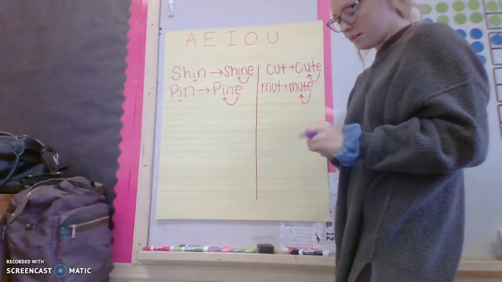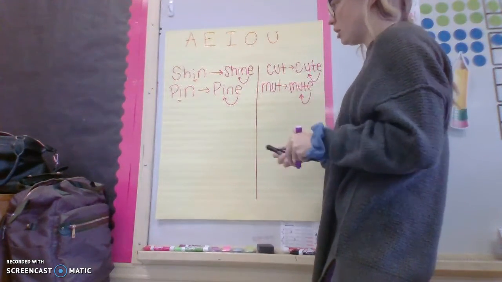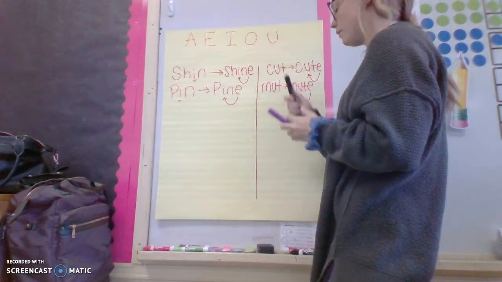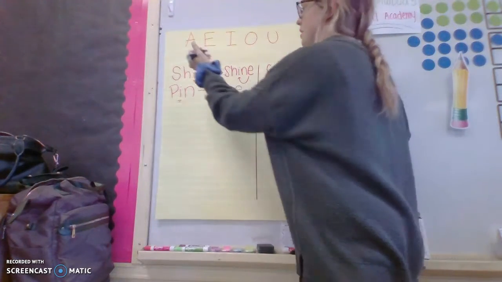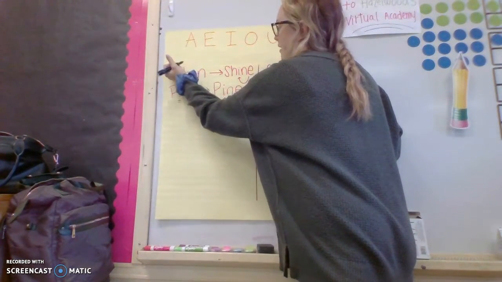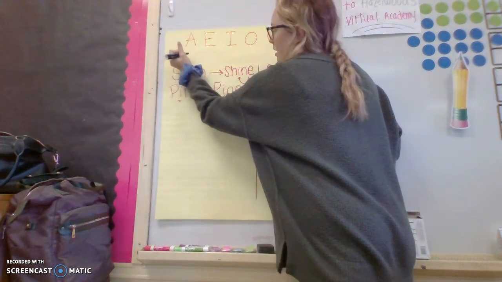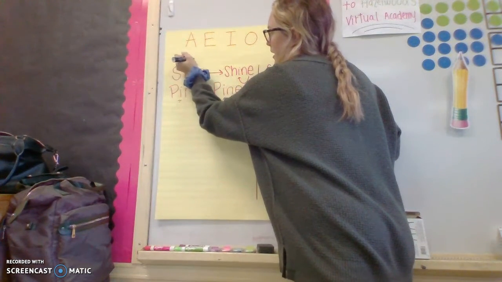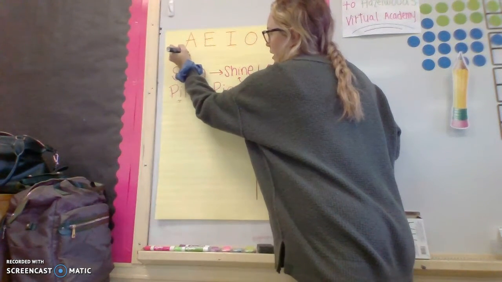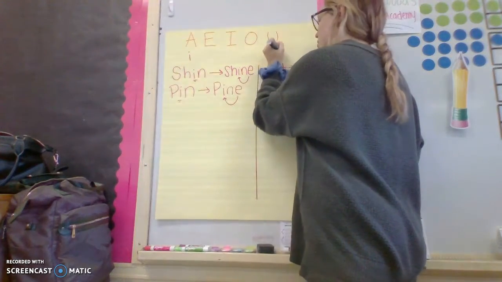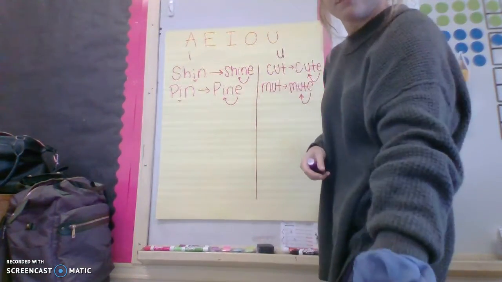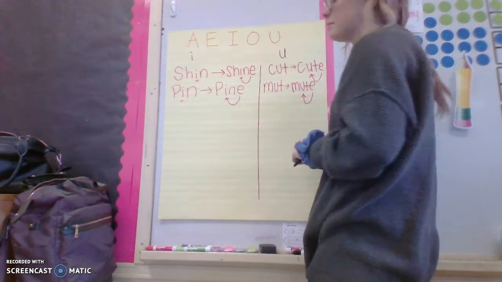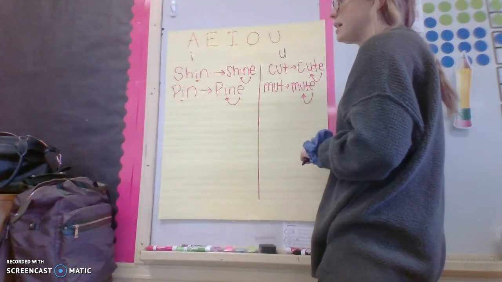So today we're going to be talking about words that have a long vowel I and a long vowel U sound. So over here we have our I vowel, and we have our U vowel. We're going to be separating words based on the pattern that we see in here.